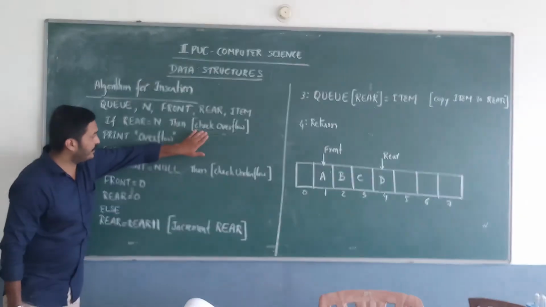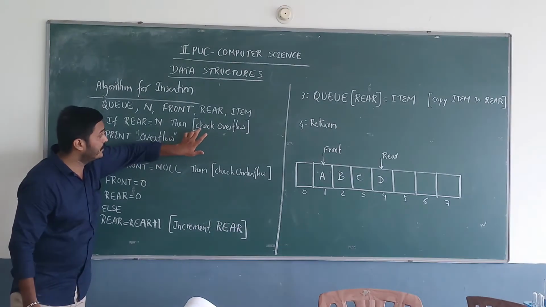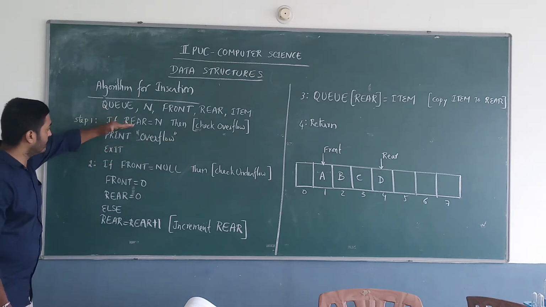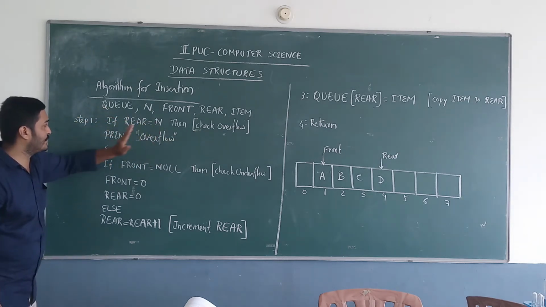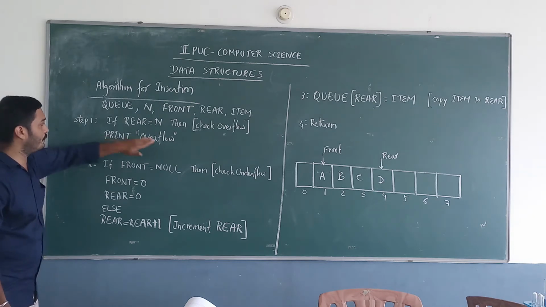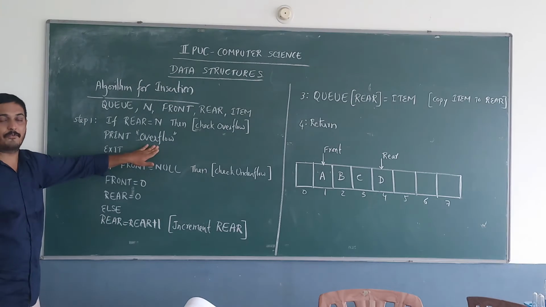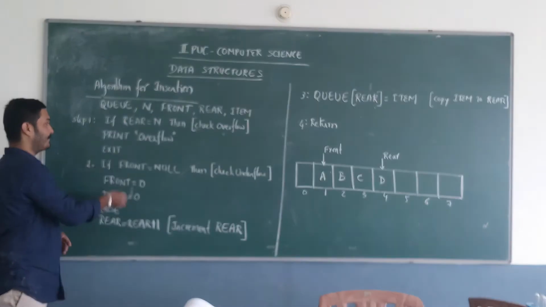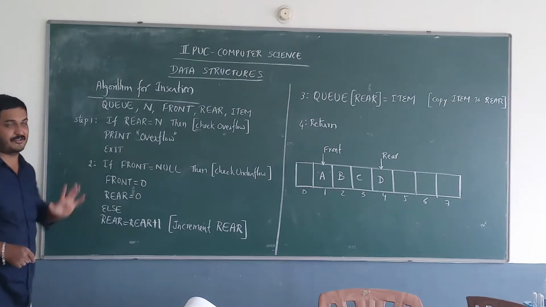If it is true, if rear equals n, then print overflow. It's not possible to insert a new item. Next, exit. So it will come out of this particular instruction.